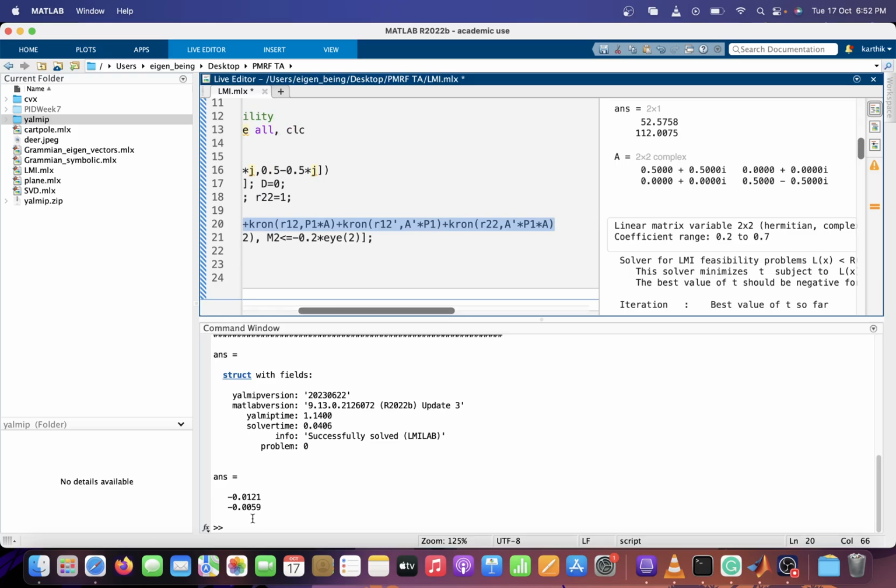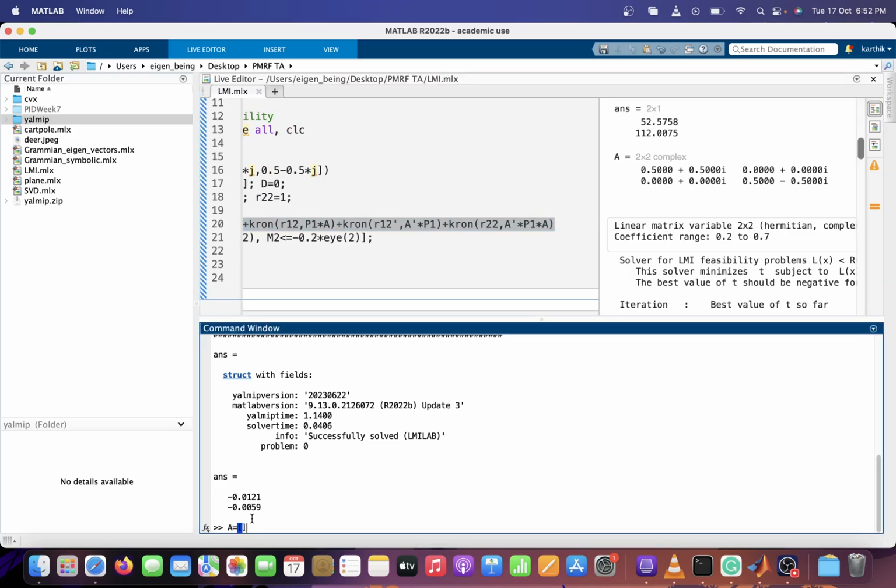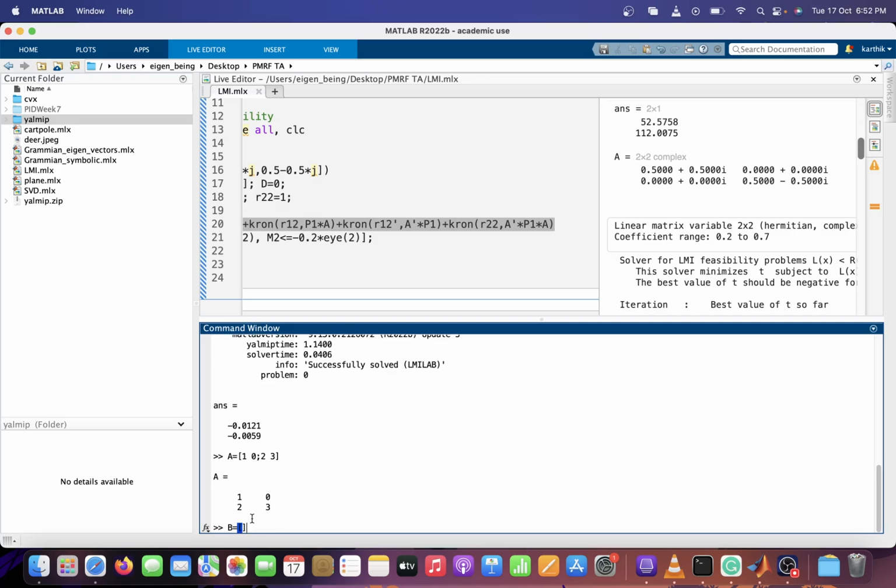MATLAB Kronecker. Maybe if I show A equal to 1 0 2 3 and B is, let's take, 3 4 2 1. Then the Kronecker of A comma B will give me a matrix which is 1 times 3 4 2 1, 0 times 3 4 2 1, 2 times 3 4 2 1 and 3 times 3 4 2 1.